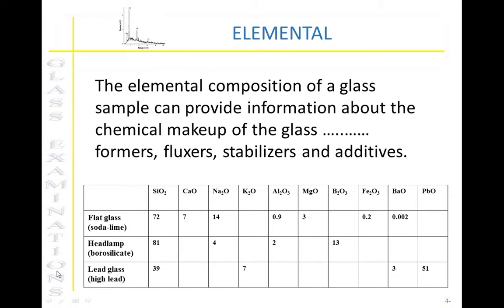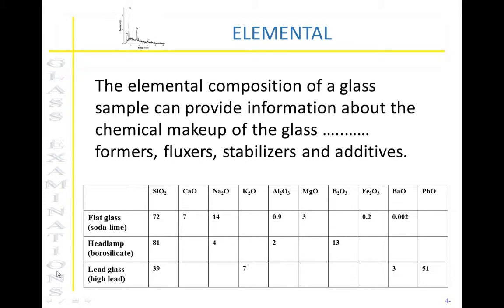And you can see from flat glass, which is normally soda lime glass, it has a lot of silicon oxide composition, where your headlamp glass is also going to have silicon oxide, but it's also going to have boron in the glass itself, where your soda lime glass is going to have calcium. So your elemental composition can give you good indications as to what type of glass you're also dealing with.